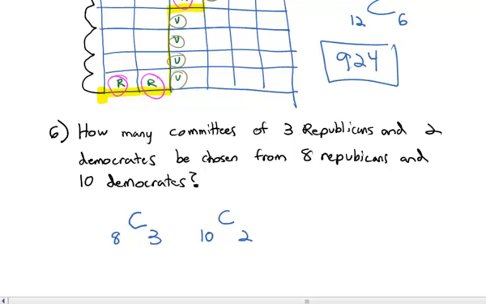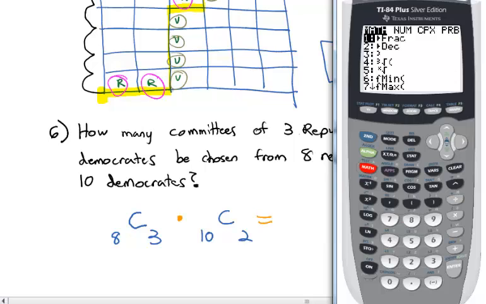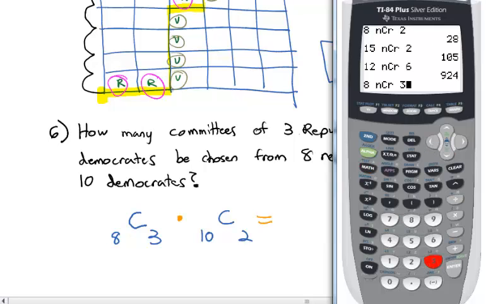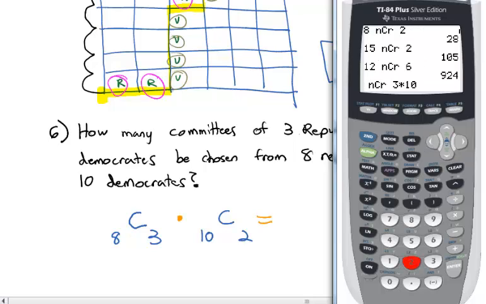The multiplication axiom tells us that if we want the total, we just have to multiply these together. So we have 8 choose 3 times 10 choose 2.